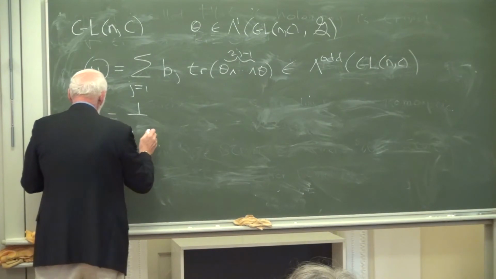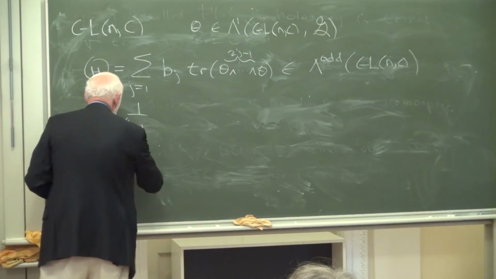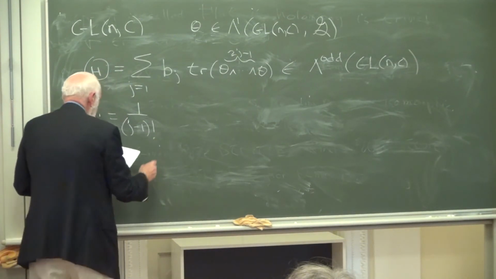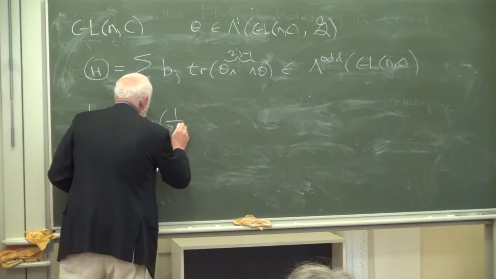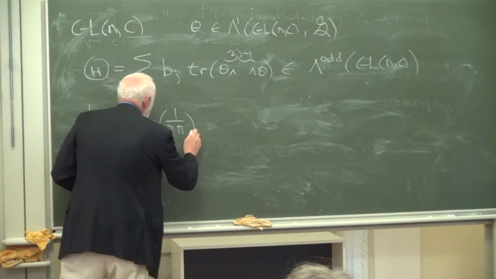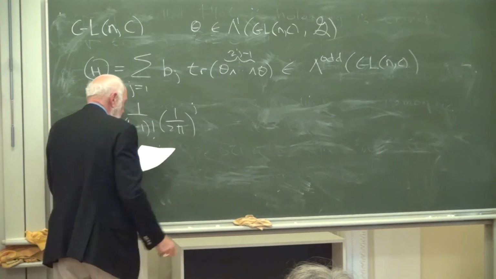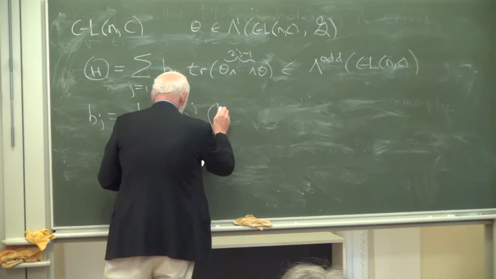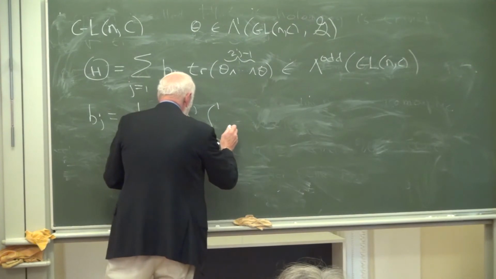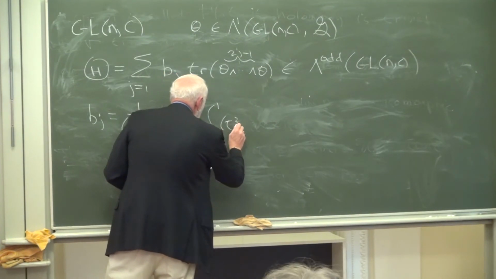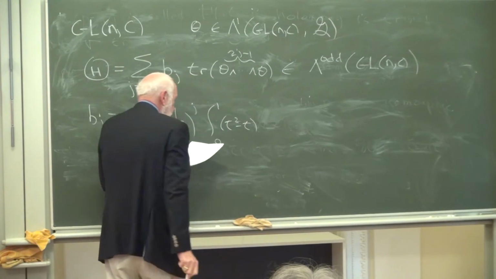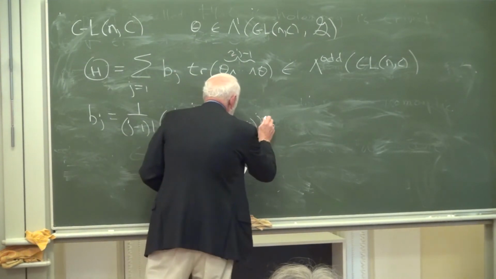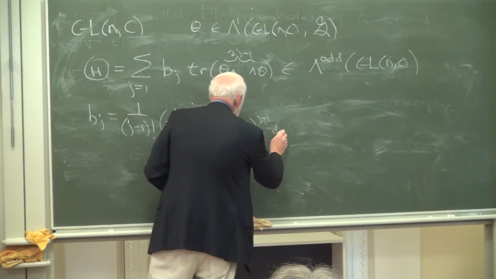It's 1 over j minus 1 factorial times 1 over 2 pi to the jth power times some number which is best written as the integral from 0 to 1 of t squared minus t to the j minus 1 power dt.